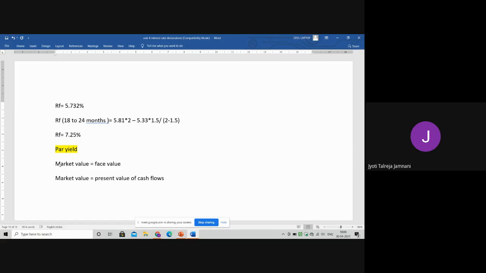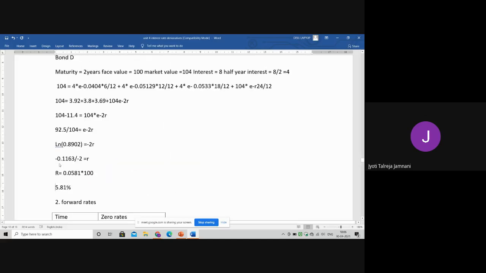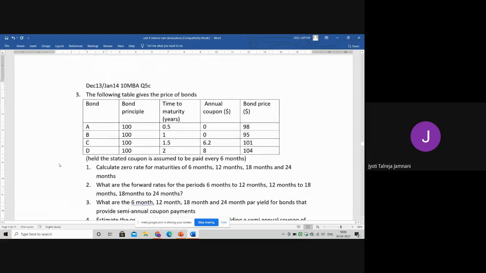All our bonds are above 6 months. Bond A starts with 0.5 maturity, so that means 6 months, 1 year, 1.5 year, and 2 year. Face value is 100 for everybody, and market value we have to find using that coupon.